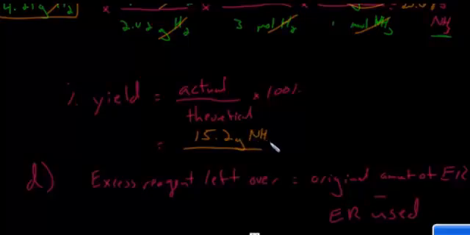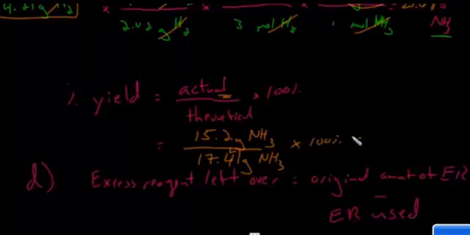That's what the actual yield was. And then the theoretical yield, what we just calculated we should have gotten, was 17.41 grams. So we can take that ratio and multiply by 100%, and the percent yield was 87.3%.